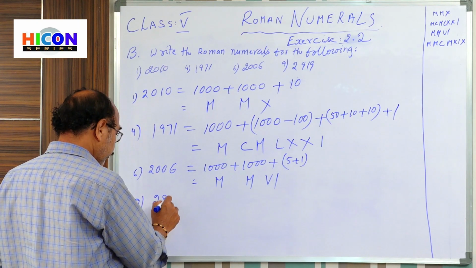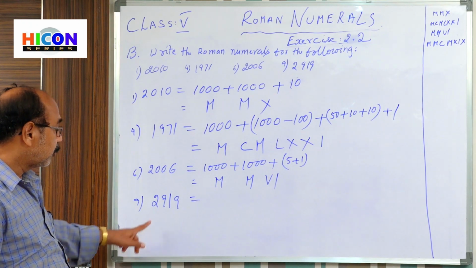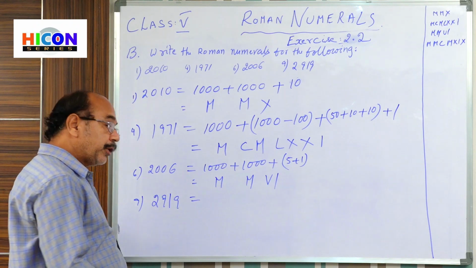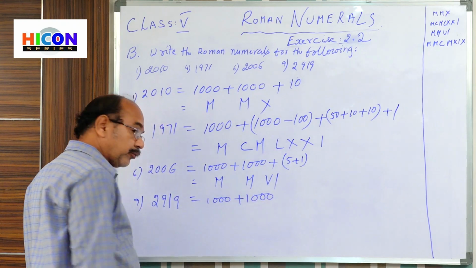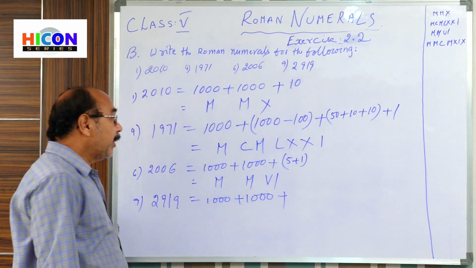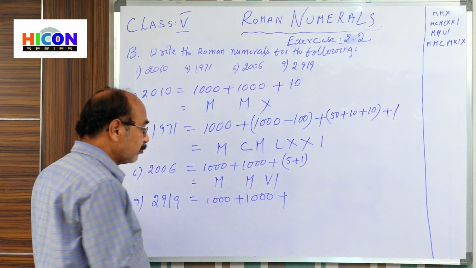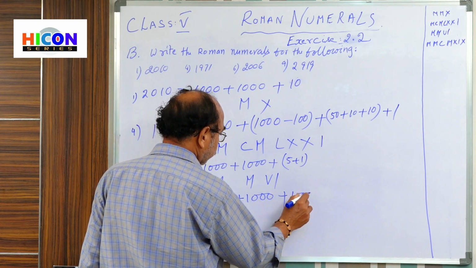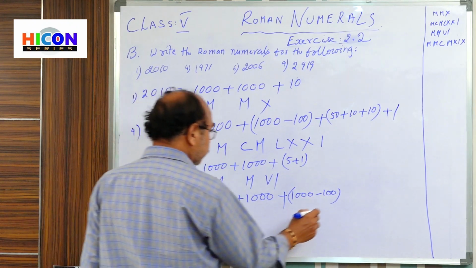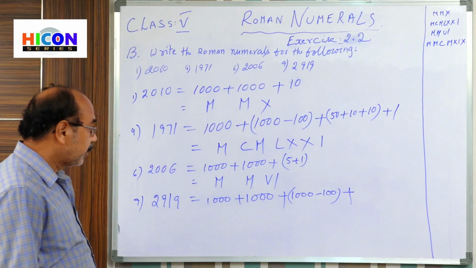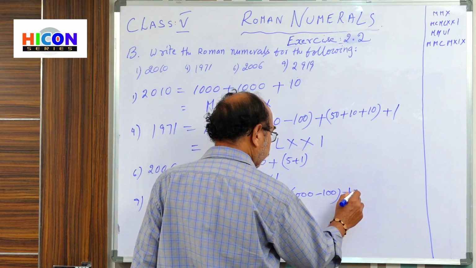Now come to the next one: 2990. So 2000 is 1000 plus 1000. Now for 900, I told you, what did I write here? CM. CM for 900, that means 1000 minus 100. So 2900 plus 19: 10 plus 9.